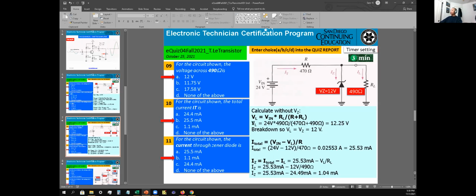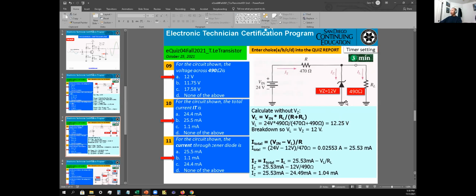When you calculate, it yields 12.25 volts. That's over the amount of the Zener diode. The Zener diode is going to eliminate whatever is more than the Zener voltage. The Zener diode goes into breakdown, and so what goes out is mainly just the 12 volts. It cannot go up to 12.25. So the answer for number 9 is A, 12 volts, represented by the Zener diode, this one right here.